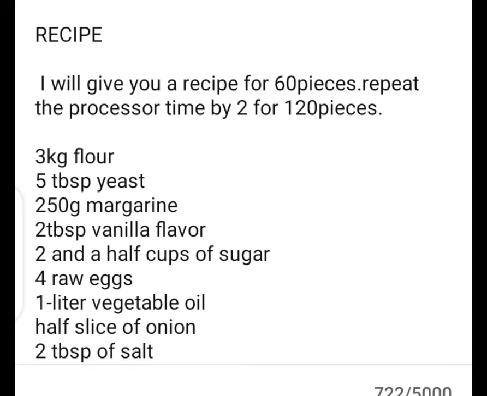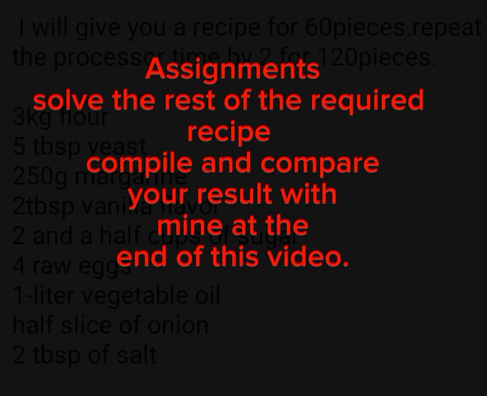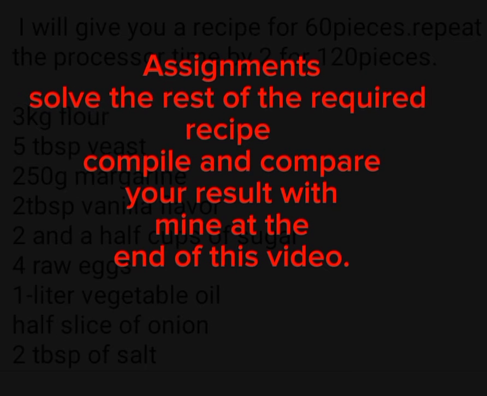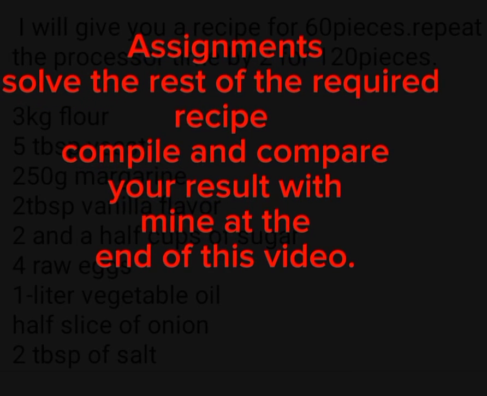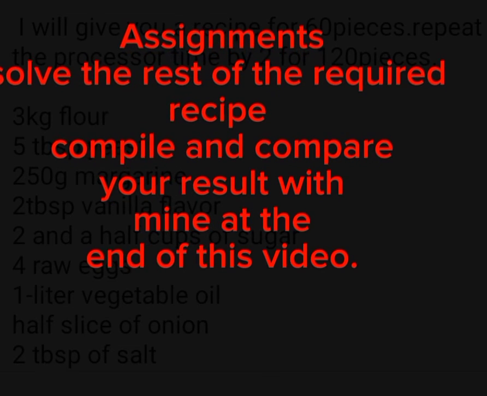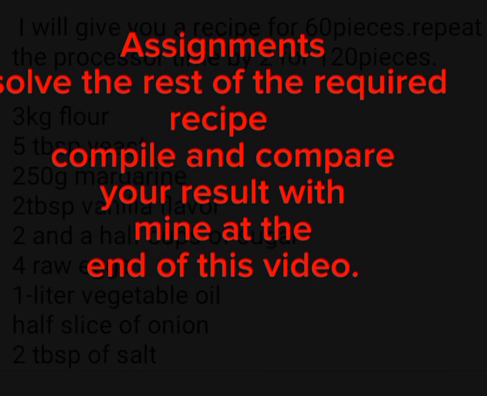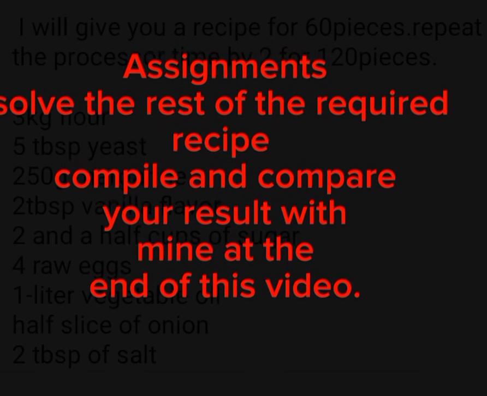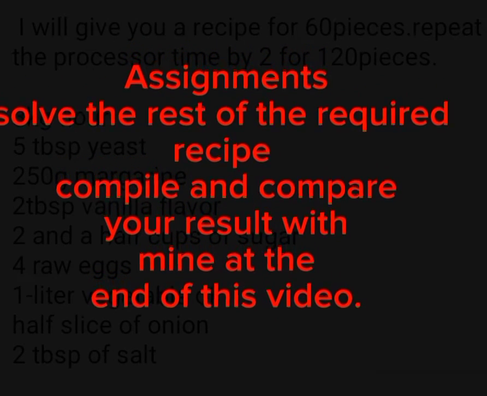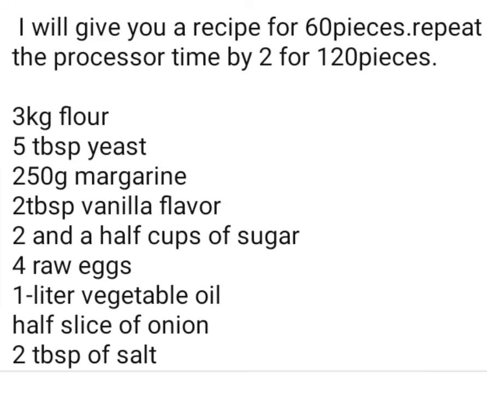Now I'm going to give you an assignment to use any of the methods we have discussed so far to solve out the rest of the required recipe from this given recipe, ranging from the flavor, the sugar, the egg, the vegetable oil, the onion and the salt. After which, compile the recipe for 200 pieces of donut and compare your answer with mine at the end of this video.